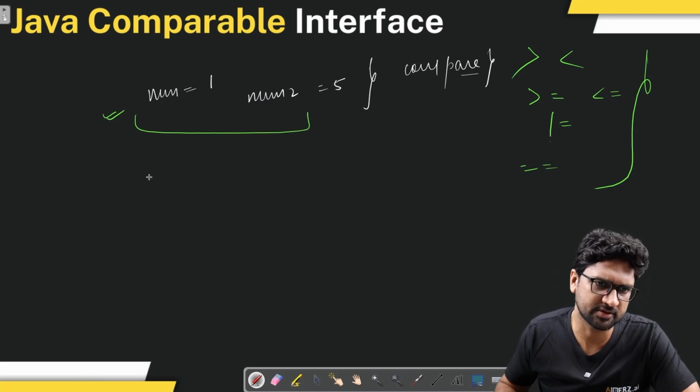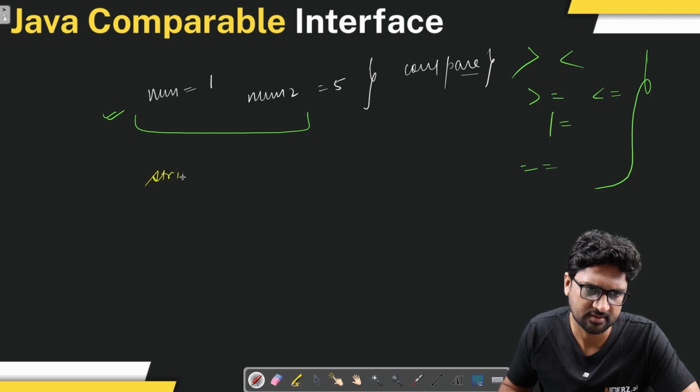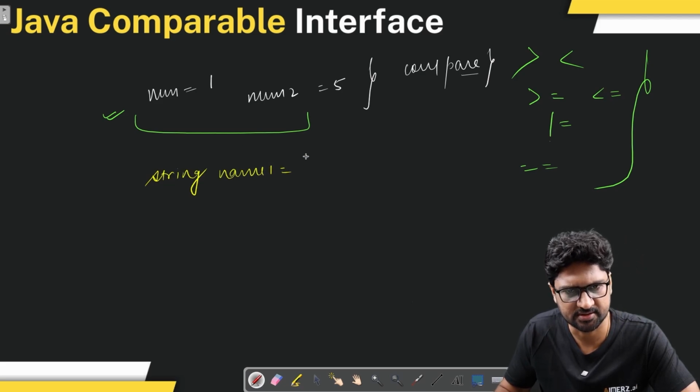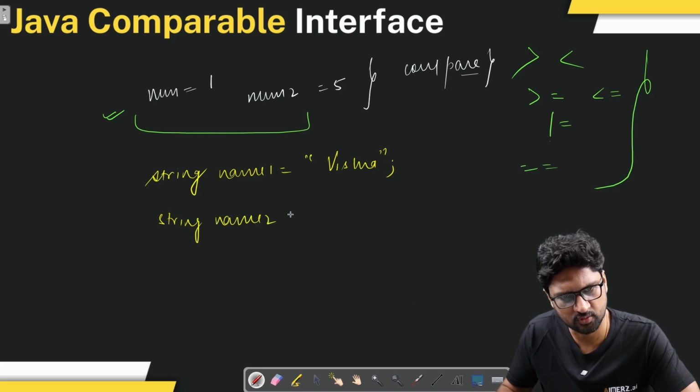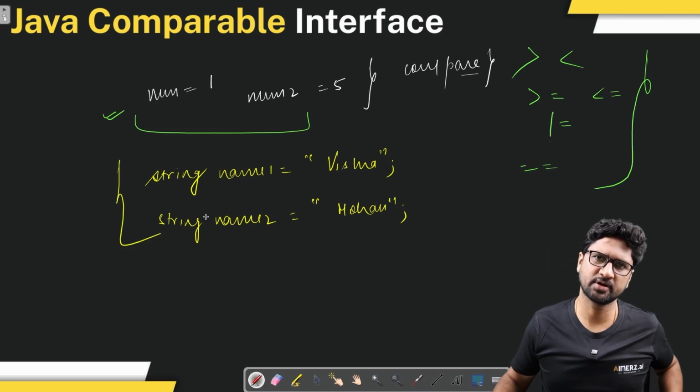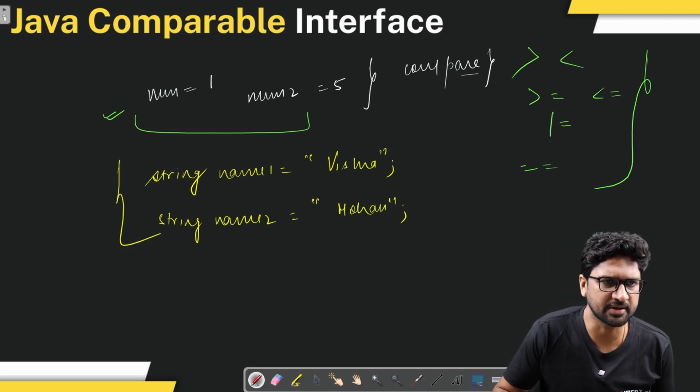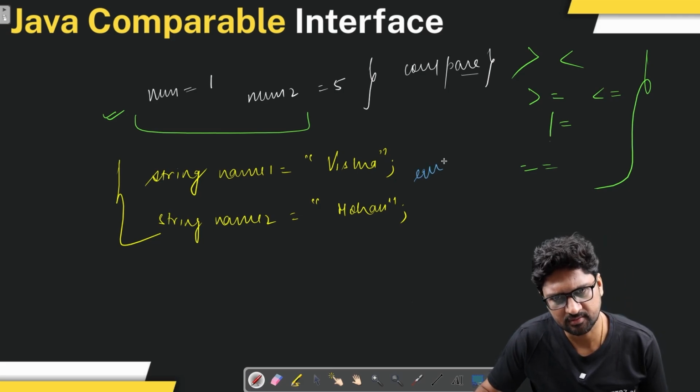Similarly, we also have ways to compare strings, right? For example, string name1 equals Vishwa, and then string name2 equals Mohan. We can still compare name1 and name2 with the help of the equals method to see if they are the same or not. Fair enough.